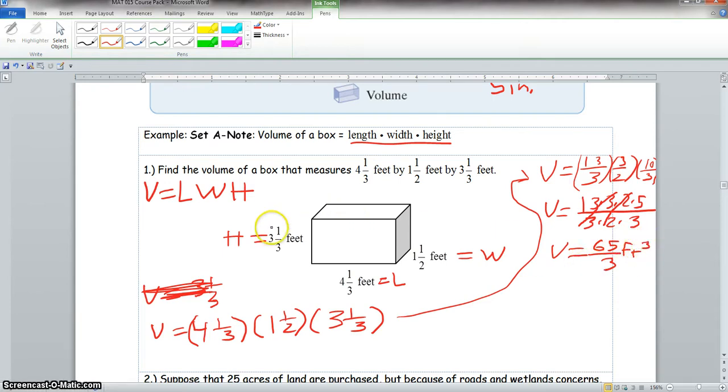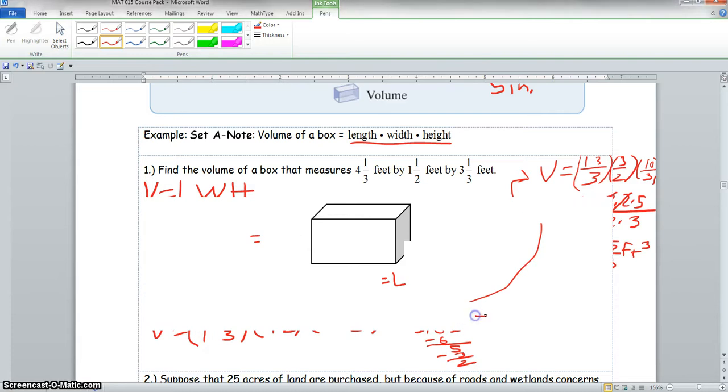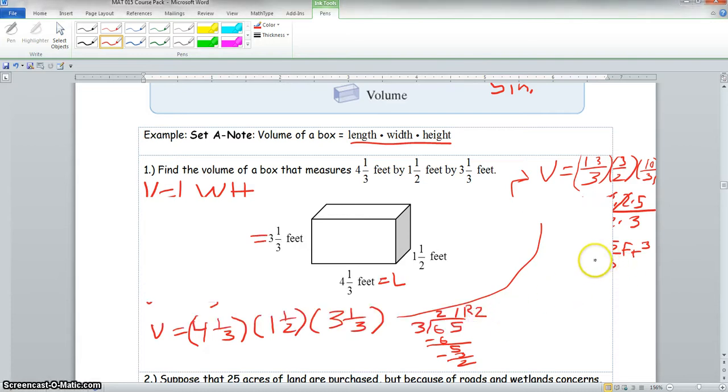But listen, since we started off with mixed numbers here, if we can make our final answer a mixed number, we're supposed to. So I'm going to go off to the side here and take 3 into 65. 3 goes into 6 twice. Bring down our 5. 3 goes into 5 one time. And we have a remainder of 2. So, we were right over here.